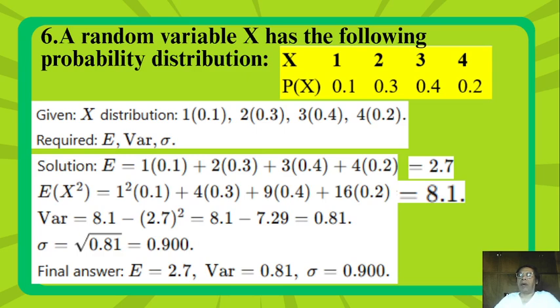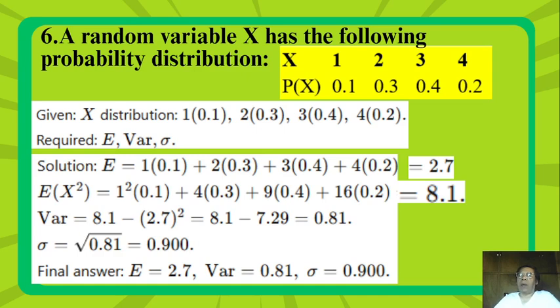So we have 1 squared times 0.1 plus 2 squared is 4, 4 times 0.3, plus 3 squared is 9 times 0.4 plus 4 squared is 16, so 16 times 0.2. And if you take the sum of the products of those values, we get 8.1.